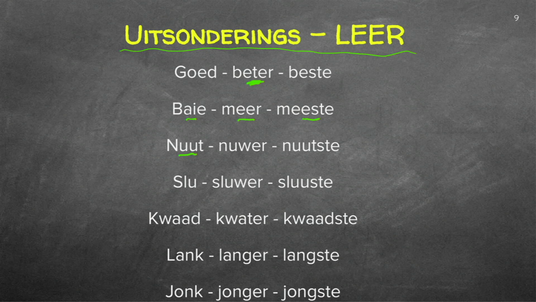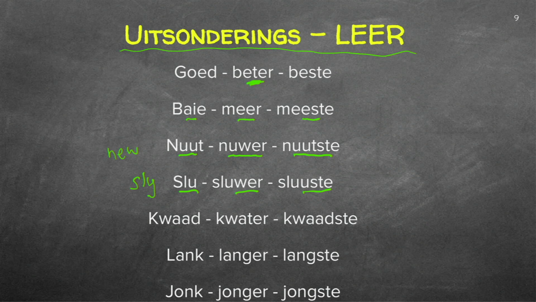Nuut means new, and maybe that will help you to remember the second step, which is nuwer, and then nuutste. Slu means sly. Sluwer, same principle as nuut, and then sluiste.